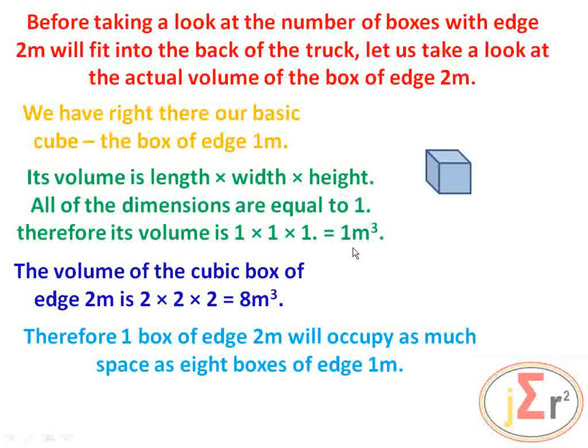There we have the volume of the box of edge 1 meter, which is 1 cubic meter, and the one with 2 meter edge, 8 cubic meters. So we need 8 of these boxes to form one of these. So let's go. We'll put 8 of those 1 cubic meter boxes together, 4 of them. So put in another 4.